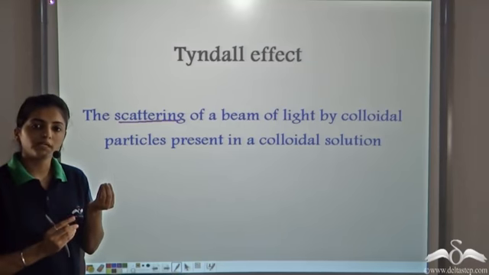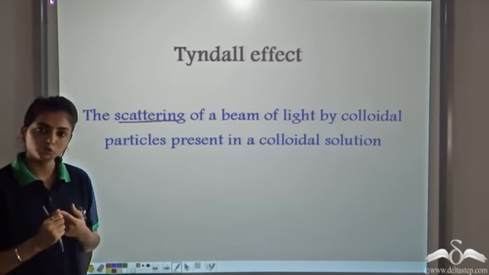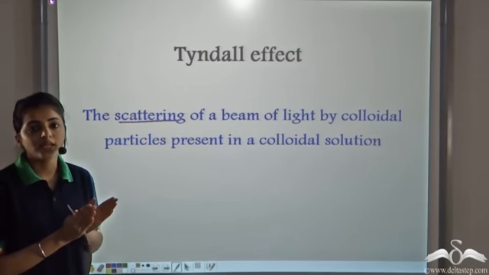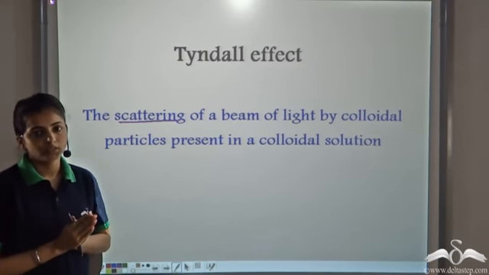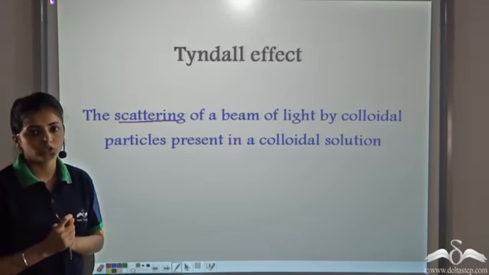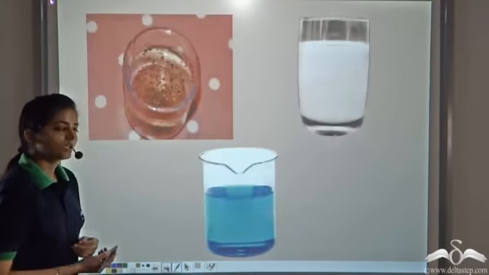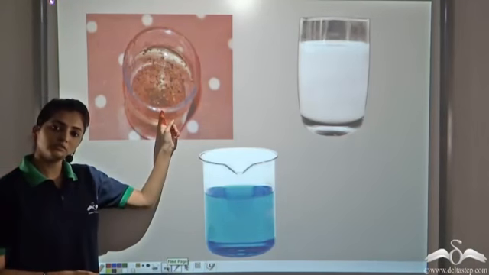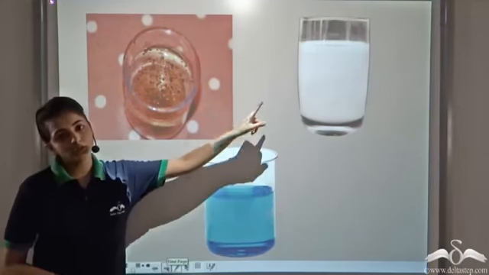Since the colloidal particles are bigger than the particles of a true solution, they have the tendency to scatter the light rays, and hence the path becomes visible. So Tyndall effect can be used to distinguish a true solution from a colloidal solution. So we see the different types of solutions, that is the suspension, a true solution and a colloidal solution.